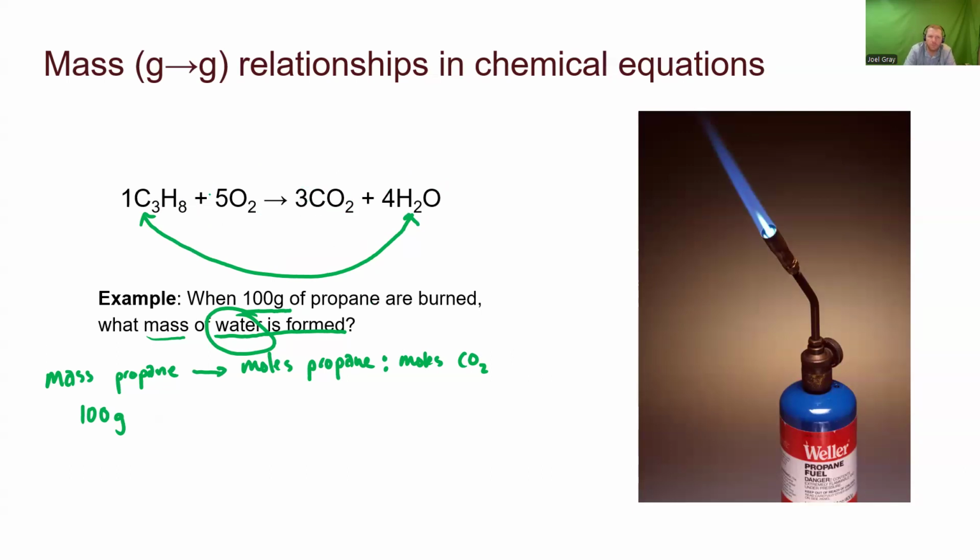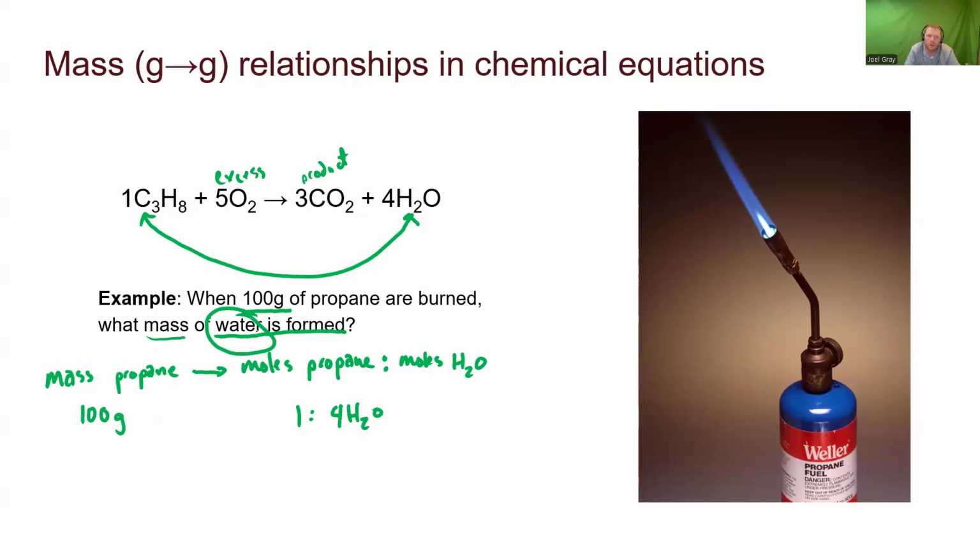We know that this is in excess, and this is also a product, but we don't really care about it because it's also being produced. The question doesn't ask about it, so we don't care about it. So I'm going to switch that to moles of H2O. Would you agree with me that 1 mole of propane produces 4 moles of H2O in this chemical reaction, when the O2 is in excess, according to this example problem?